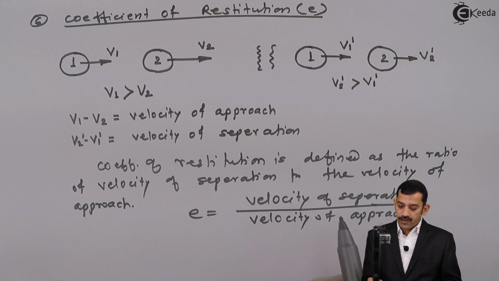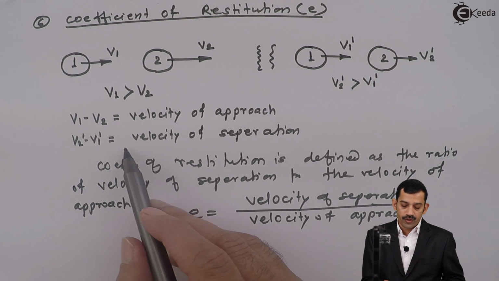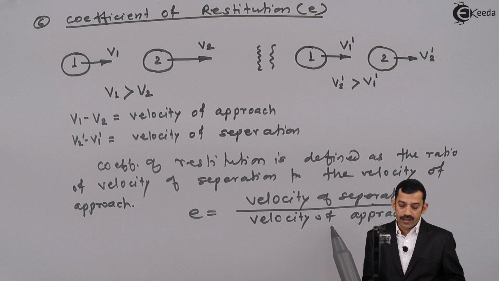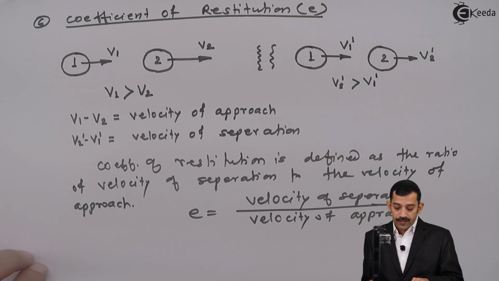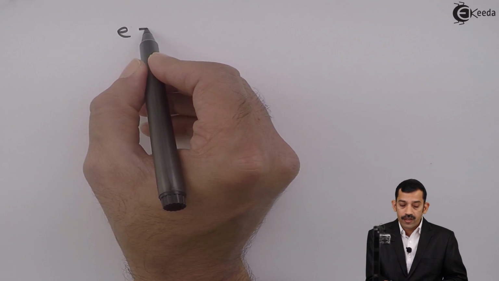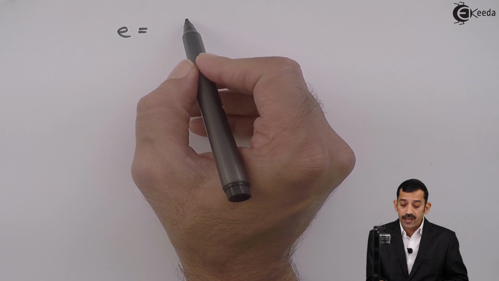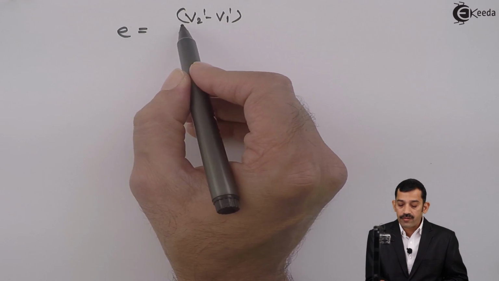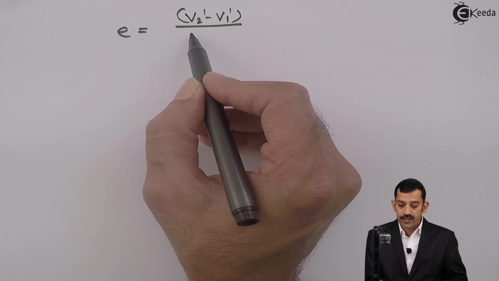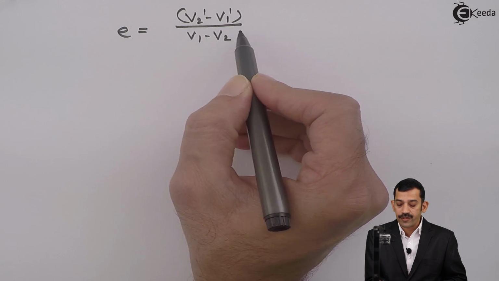Velocity of separation, you know, is v2 dash minus v1 dash. Velocity of approach is v1 minus v2. We'll substitute these values here. E equal to velocity of separation, v2 dash minus v1 dash, and velocity of approach, v1 minus v2.